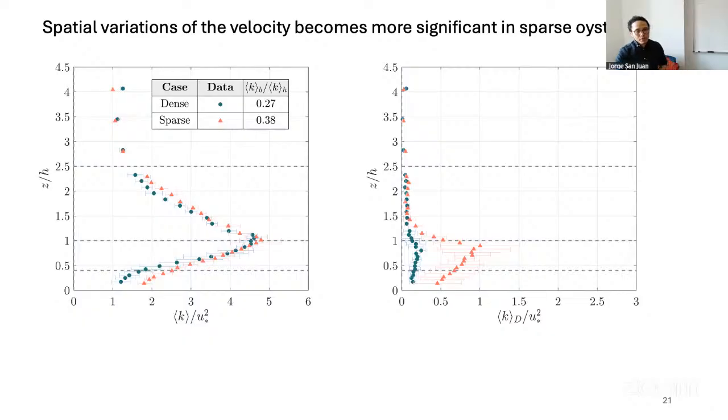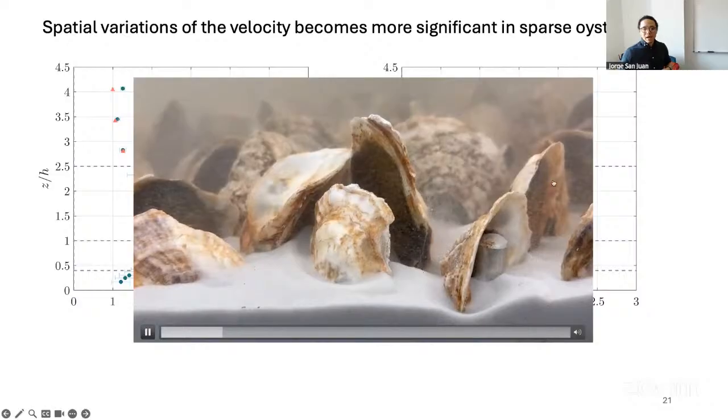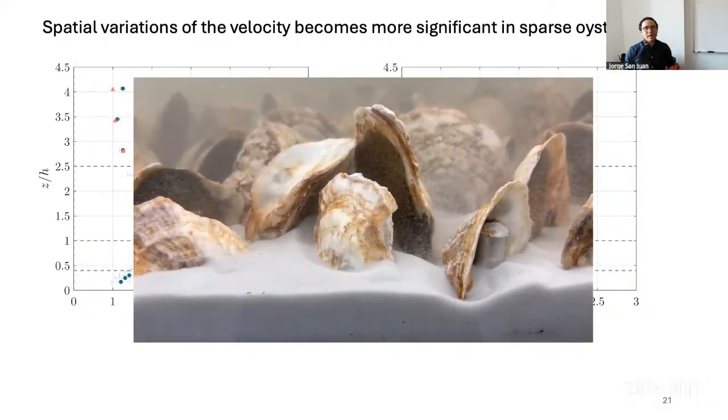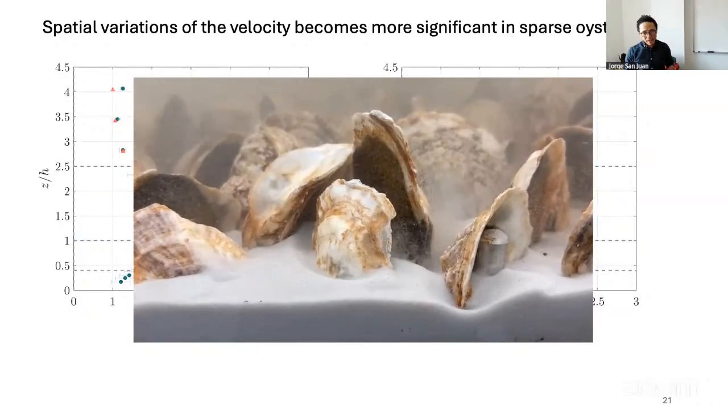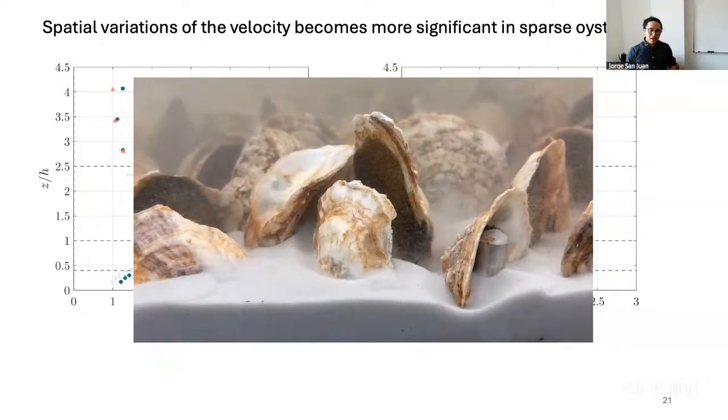One thing that we notice later in the sediment transport is that this spatial variation plays an important role in how sediments are moving. You're going to see it later in the second part of this talk. But here, what you see is how turbulent it is in between the oysters, and later we'll see in the results that it is actually important to take into account the space availability in between these oysters.